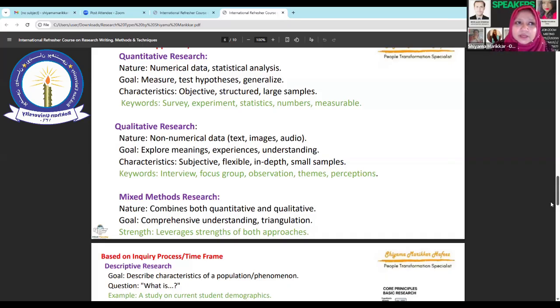But if the same research we are conducting on how many percentage of people like this product, how many percentage of people did not like this product, or how many men like this product, or how many women like this product, if we analyze that data, the numerical figure, it comes under quantitative. So if you combine these both, it will be a mixed research.